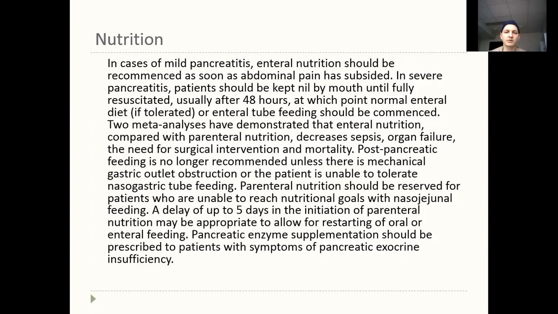A delay of up to 5 days in the initiation of parenteral nutrition may be appropriate to allow for restarting of oral or enteral feeding. Pancreatic enzyme supplementation should be prescribed to patients with symptoms of pancreatic exocrine insufficiency.